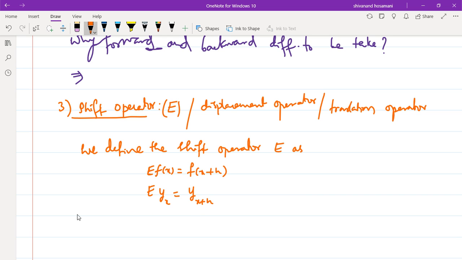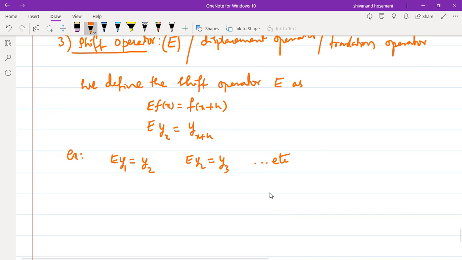For example, if I apply the shift operator to y1, the output is y2. If you apply it to y2, the output will be y3, and so on. That means it is shifting one place: x is shifted to x plus h.